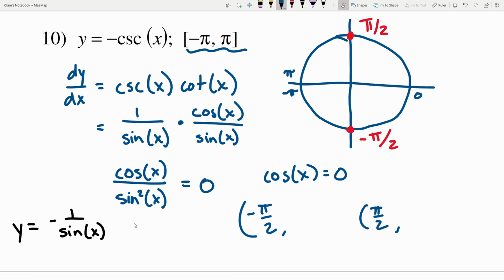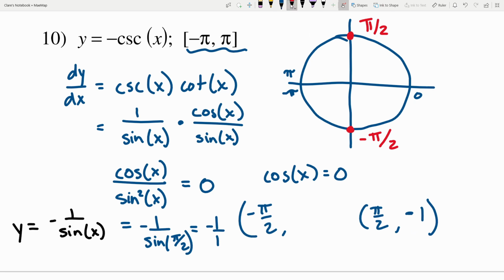Plugging in pi over 2, I'll get negative 1 over the sine of pi over 2, which the sine of pi over 2, right here, is going to be a positive 1. So negative 1 over 1 is going to give me a negative 1. So when I plug in a positive pi over 2, I get negative 1 as my y value.